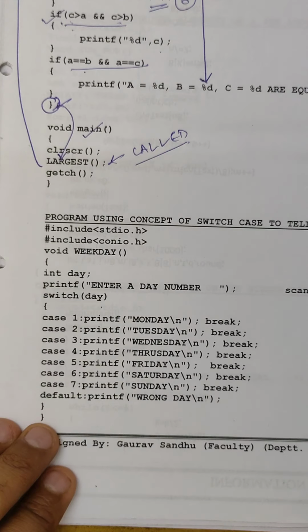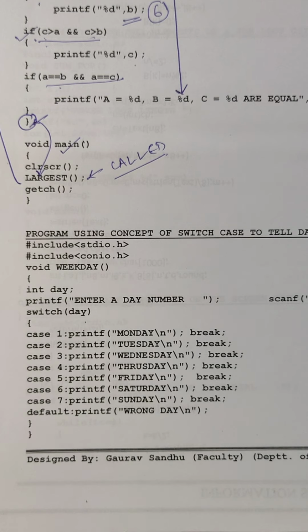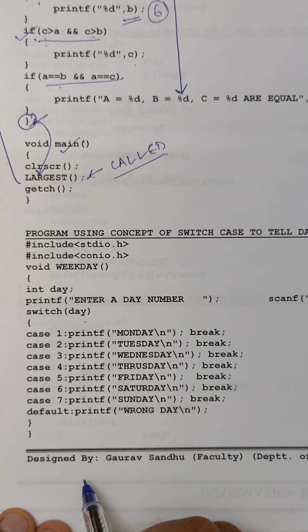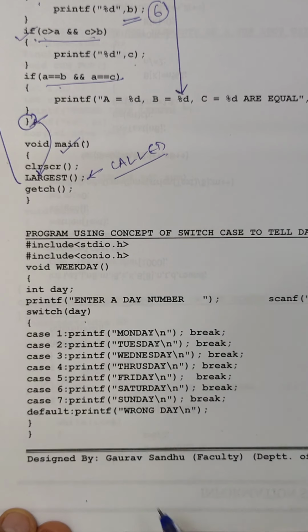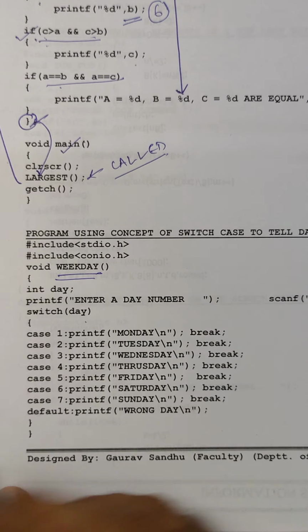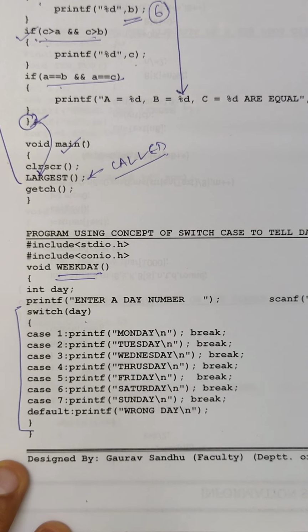Now, further getting into the detailed section of the topic of functions, let's see what is happening here. In this program, the name of the function is weekday. The switch case concept has been used in the function.